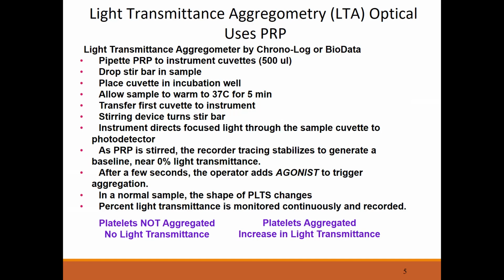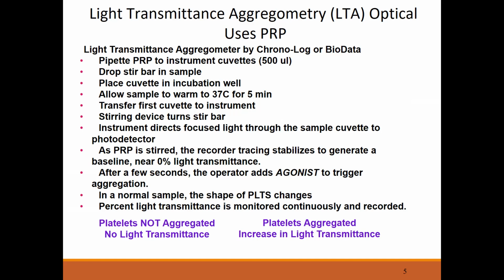The instrument will direct focused light through the sample cuvette to a photodetector. And as the platelet-rich plasma is stirred, the recorder starts tracing, or the tracing stabilizes to generate a baseline near 0% light transmittance. And after a few seconds, once you add the agonist for this particular test, it'll start to trigger aggregation.